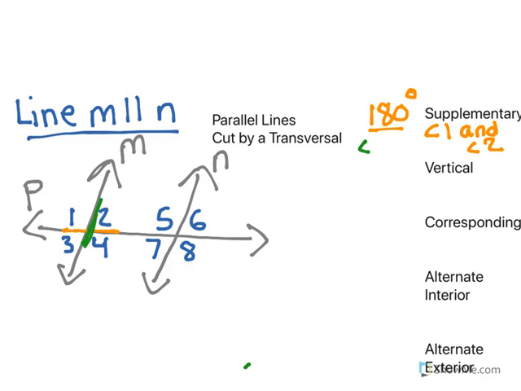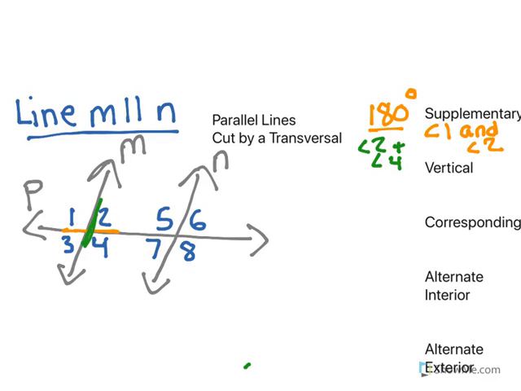I'll write that off to the side here. Angle 2 and angle 4 are also supplementary. There's a lot of different ones we could list, but I just want to focus on a couple of them here. We could list 5 and 6, 6 and 8, 5 and 7, 7 and 8. Those are all supplementary angles, angles that will add up to 180.